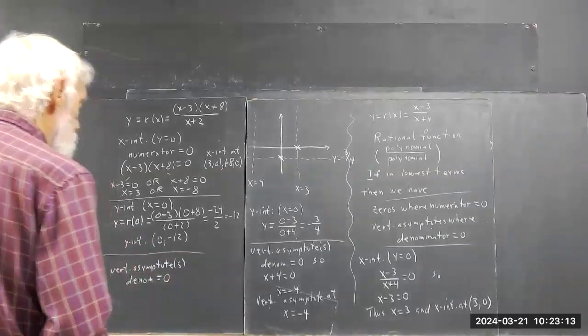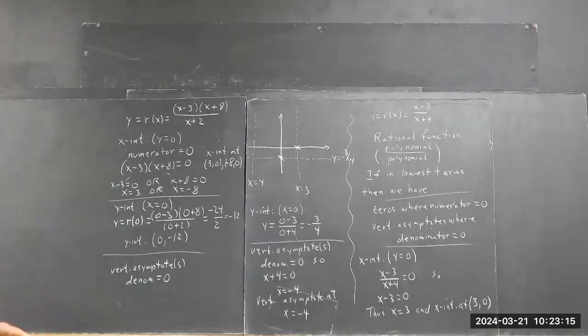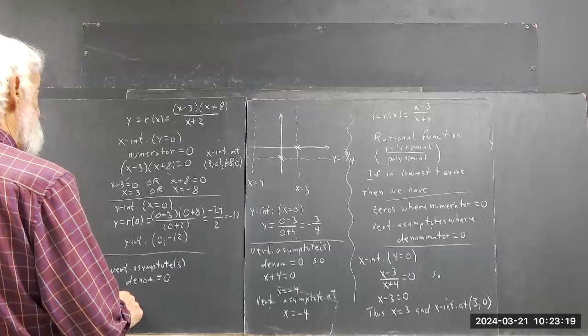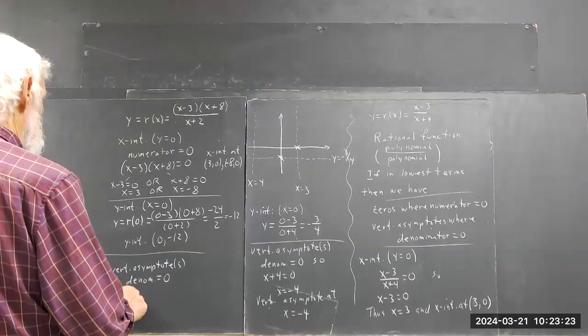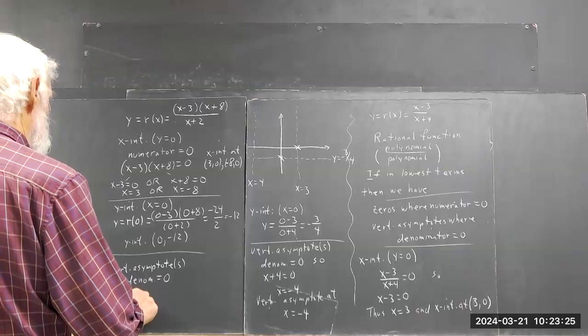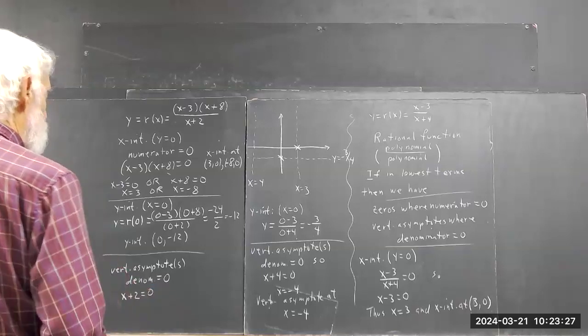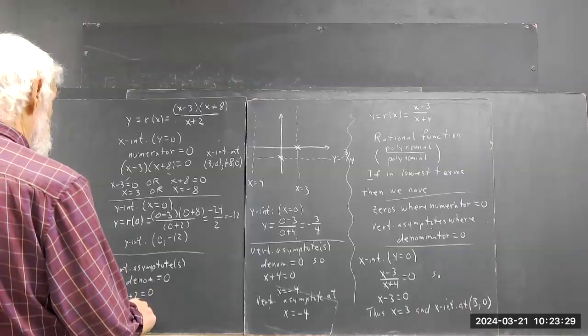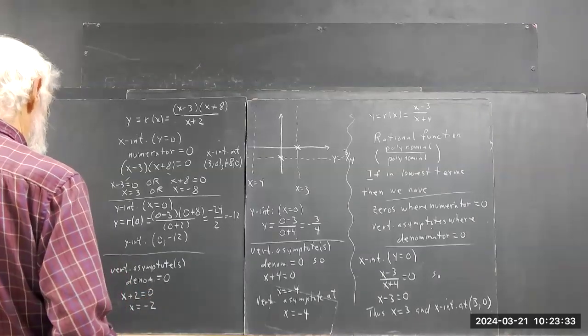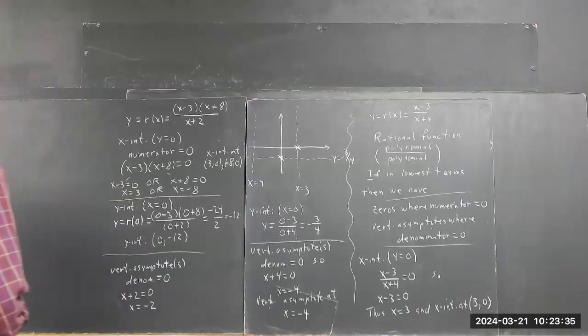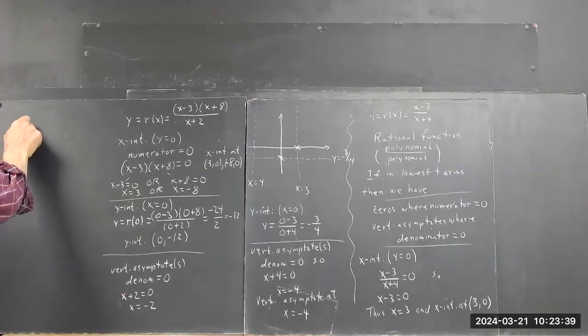Then you get your vertical asymptotes, which occur when the denominator is 0. So you get x plus 2 equals 0. You get x equals negative 2. Okay, so we can begin to get the graph.